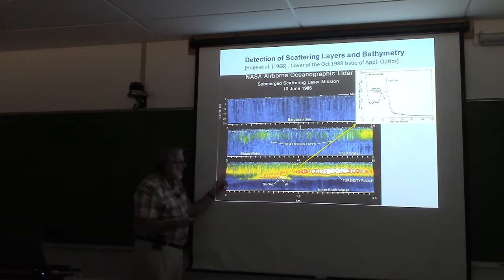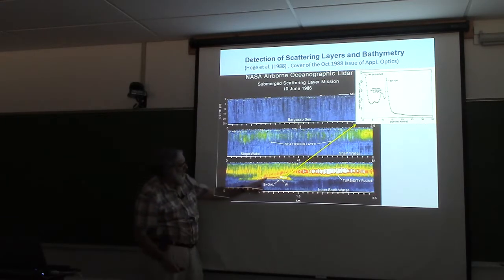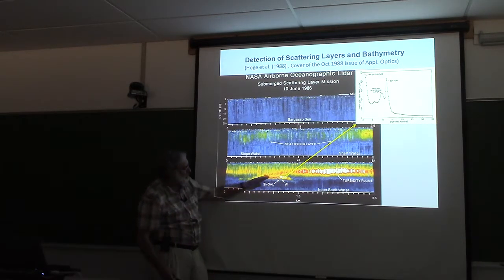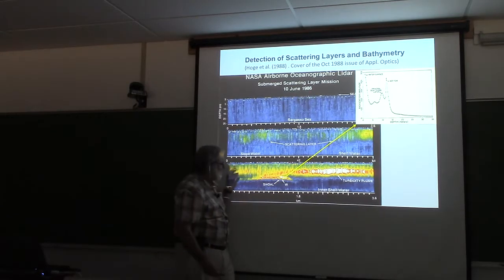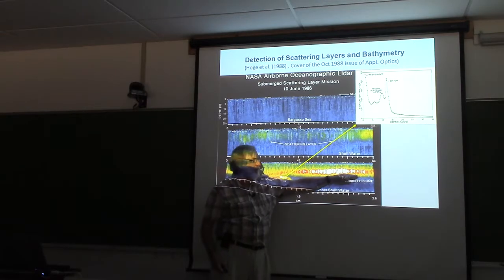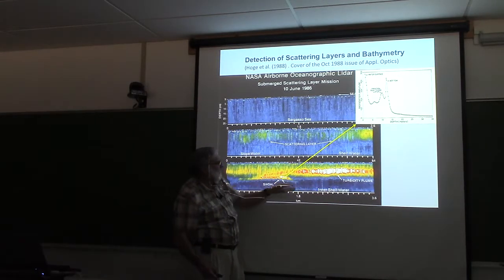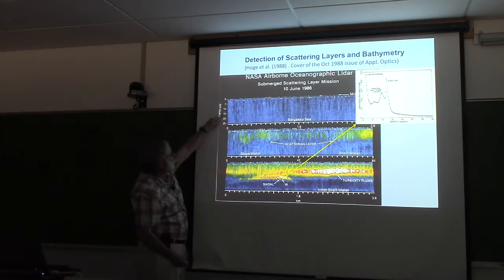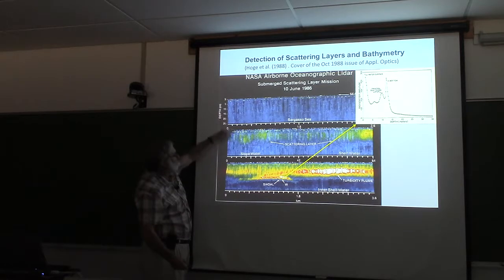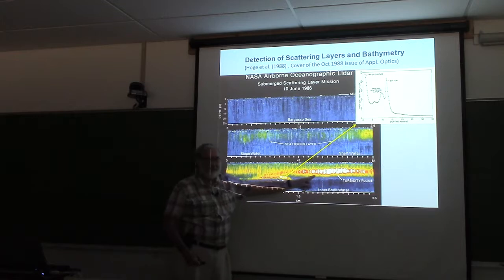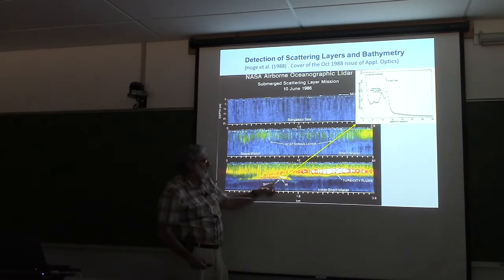Here they're getting a lot of scattering in the water, and then right here they fly over a shoal. That's actually bottom, and this is a plume of sediment being swept off of the shoal by the outgoing tide, or maybe it was incoming. Anyway, this is internal scattering in the ocean at a depth of about 10, 15 meters. The really bright stuff was the sediment plume coming off of this shoal.